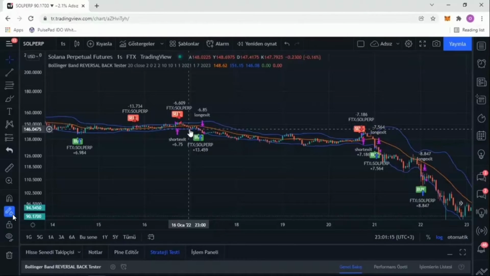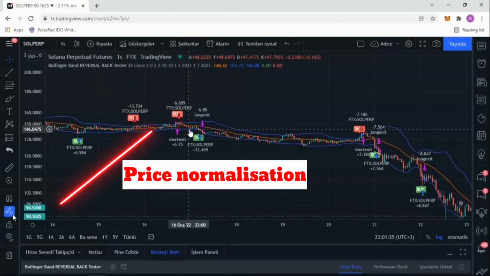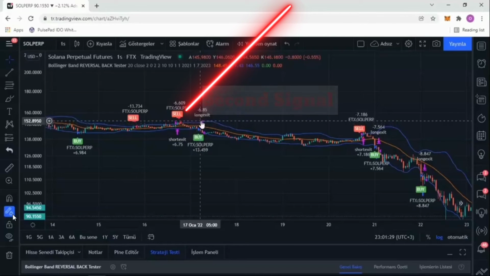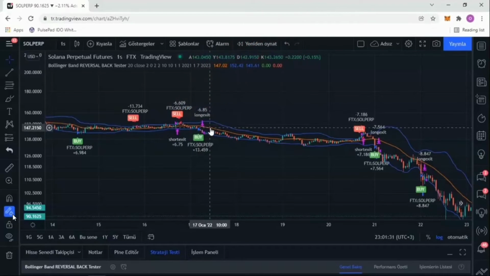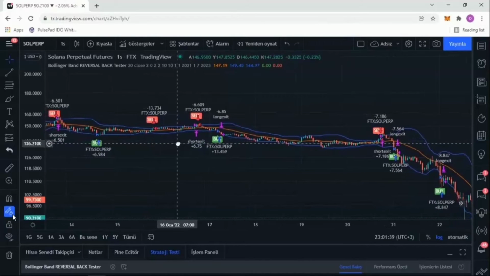It may give another sell signal, but only when the price gets normalized at least one time, okay? It does not generate the signal for every bar closing above the upper line. It doesn't make sense because we are already in the position, right? We don't need another sell signal until the price normalizes or until we hit our stop or take profit targets.